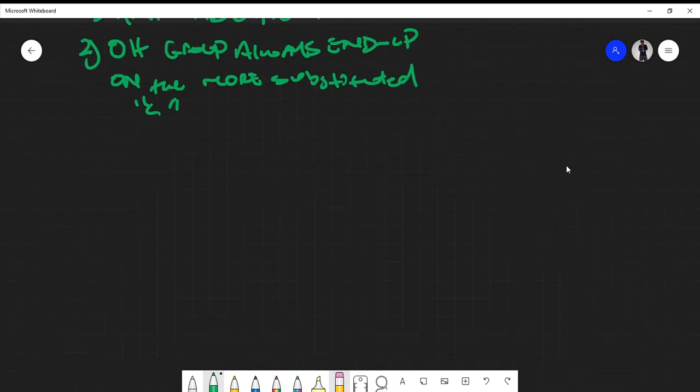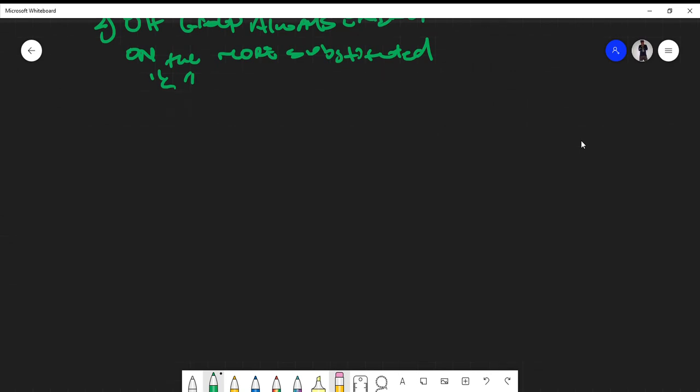So let's do an example. That was an example above, but let's do another example and go through the mechanism. If you're given this molecule on an exam, and we use Br2 in water, pause the video and tell me what the product is based on the rules that we established above.